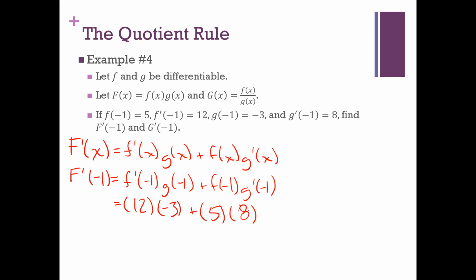Good. So multiplying this together, I get -36 plus 40, which is equal to 4. Any questions about how we got there? Was a lot more quiet than I'm used to.